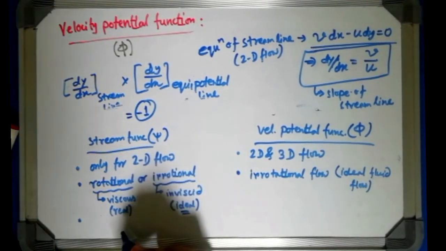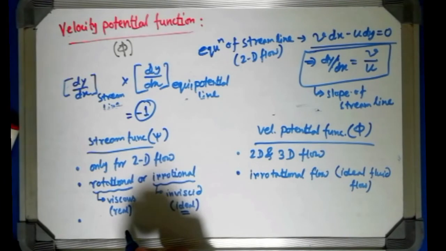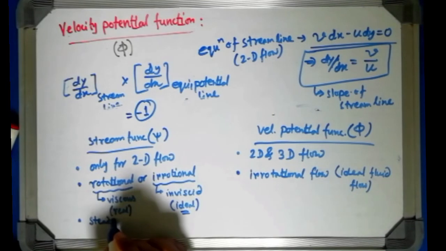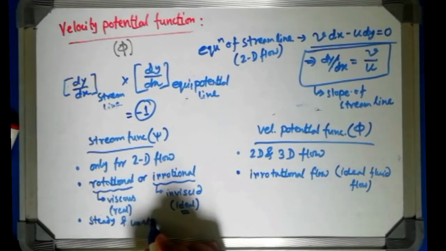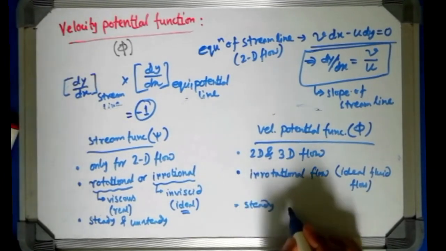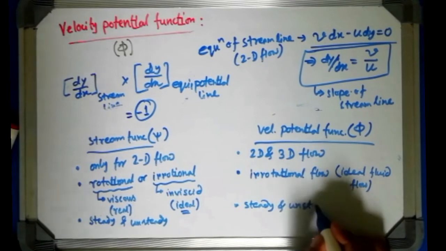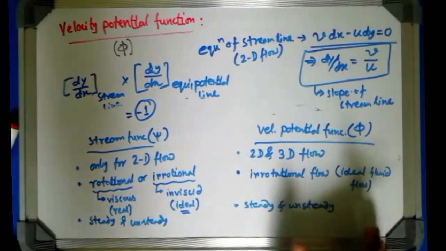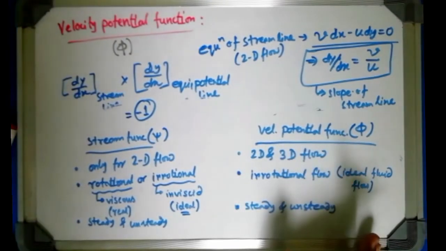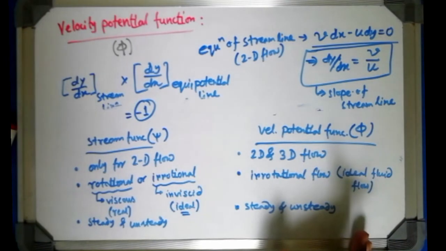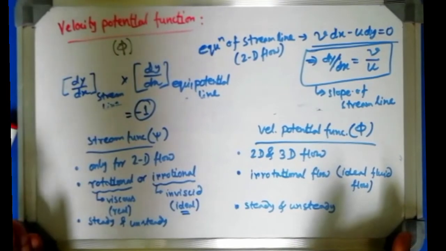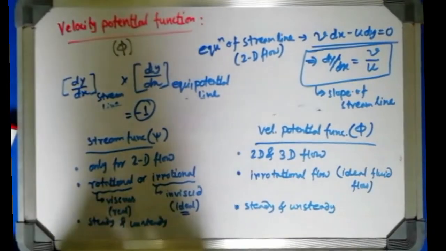Similarly, stream function can be applied for steady and unsteady, both cases. Similarly, velocity potential function also can be applied for steady and unsteady, both cases. But in most cases we consider the flow is steady for the sake of simplification, because if it is a steady flow, then we can eliminate the t parameter. That is the reason. Okay. So these are all the details regarding stream function and velocity potential function.